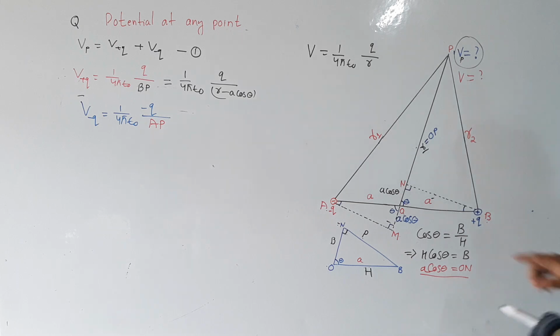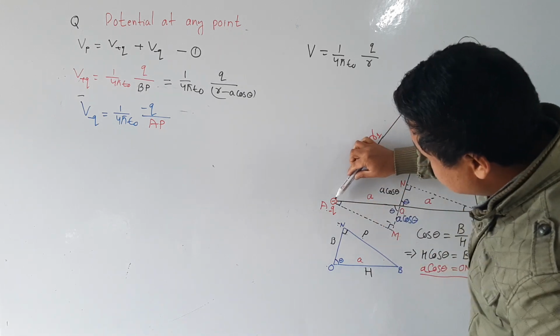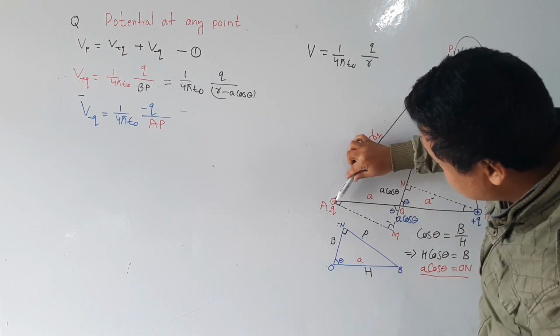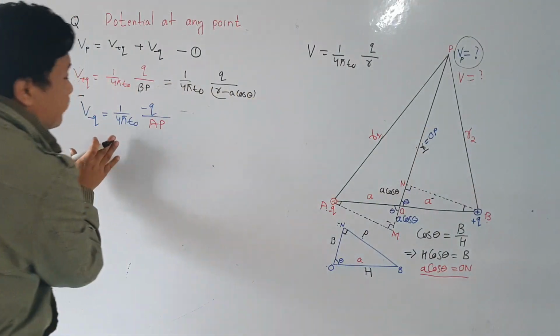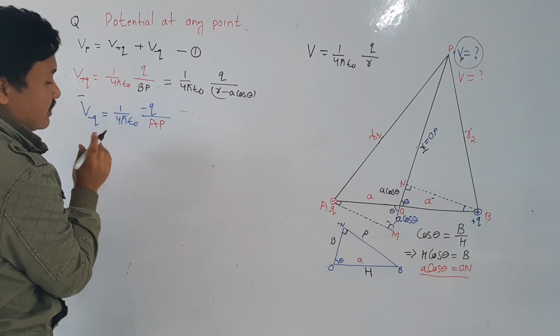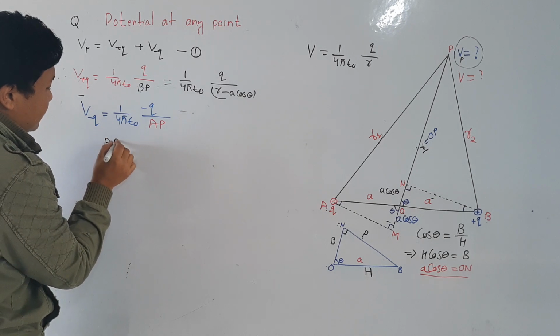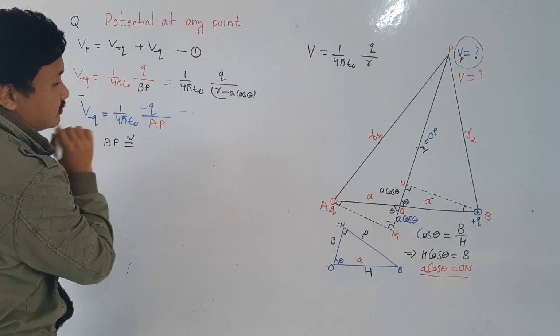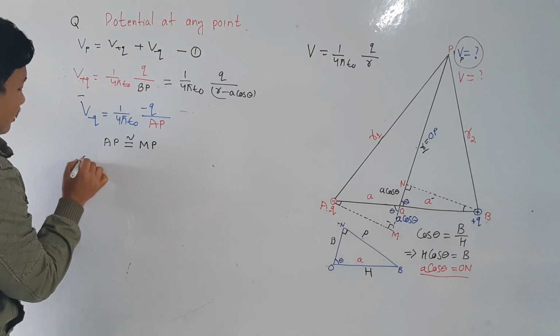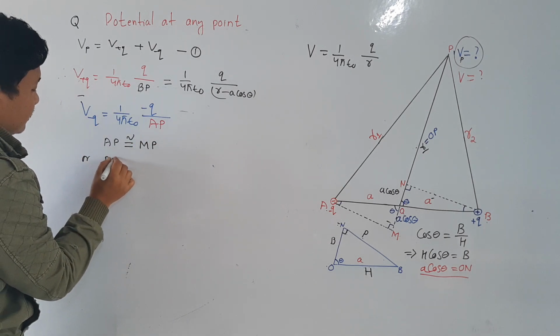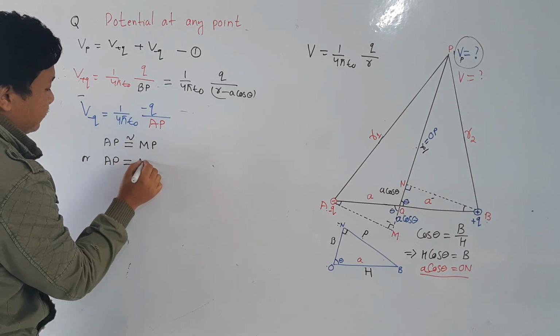Okay. So you hold it like this, doing it this way, this A here becomes M. Again you have to write from geometry. AP is almost equal to MP, right children? And this AP is now equal to MP.